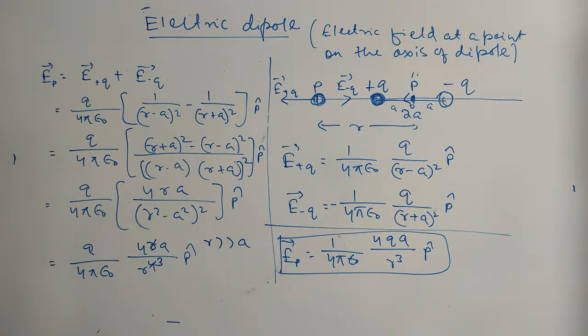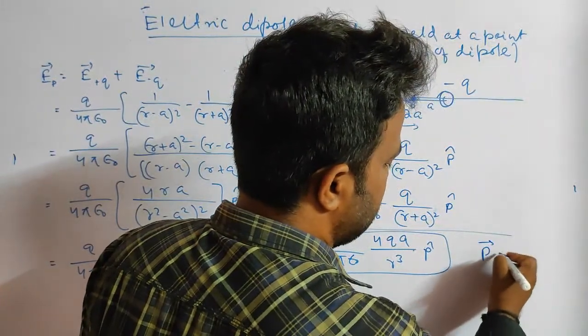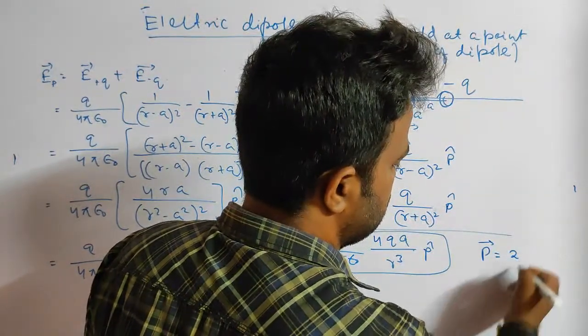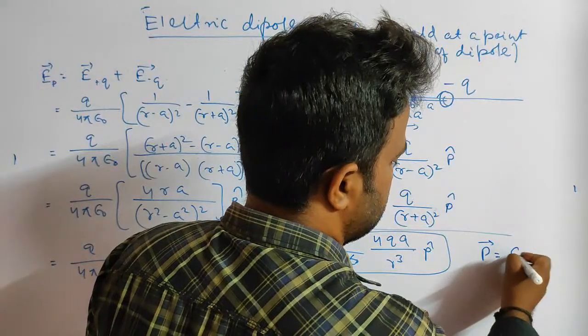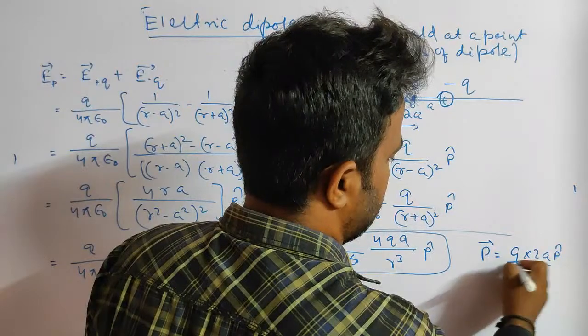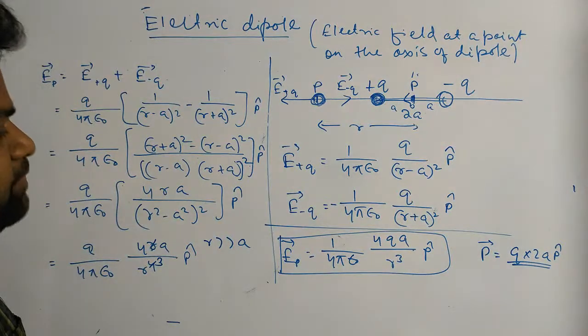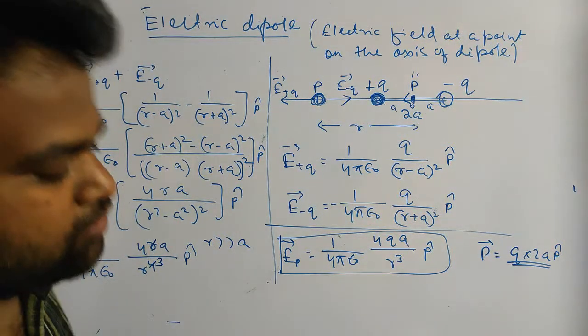So here is the expression for the dipole, and you can express this electric field in terms of the dipole moment vector. You can introduce the dipole moment vector p as Q times 2a, p cap, okay. So if you reduce it, it will be 2p vector, and you can write this electric field at point P in terms of your dipole moment vector.